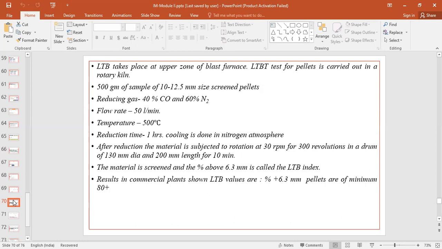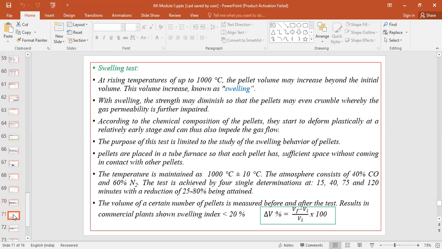As per the commercial plant data, the LTB value should be a minimum of 80%, meaning the amount of plus 6.3 mm pellets should be at least 80% after screening. Then we can say the pellets have good low temperature breakdown resistance.